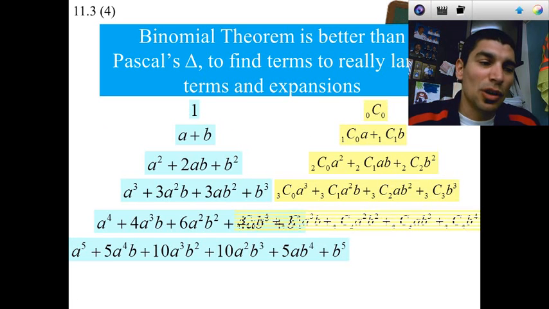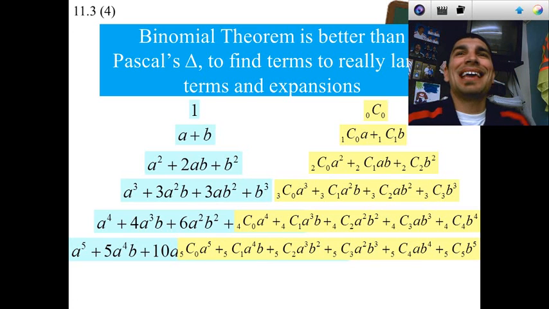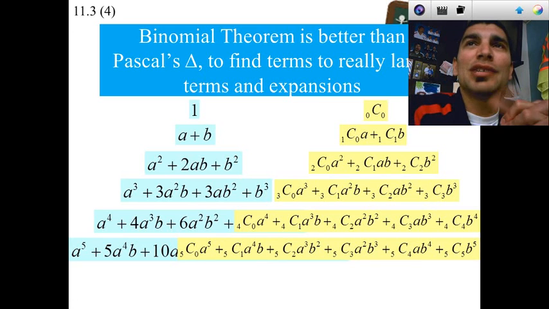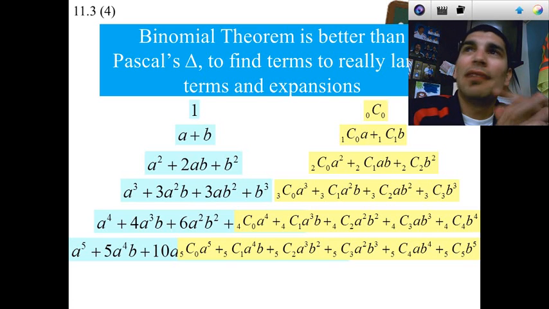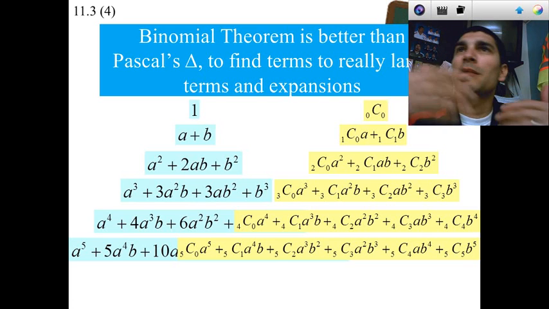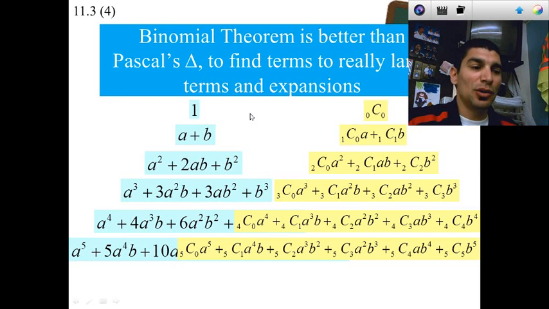So there's a whole other way to look at this same triangle in formula form. And why is that important? Because then I can say, without using Pascal's triangle, we can find the fourth term of the 100th row without having to expand 100 rows down. So let me show you what you're going to do.